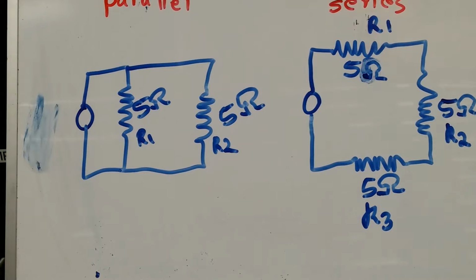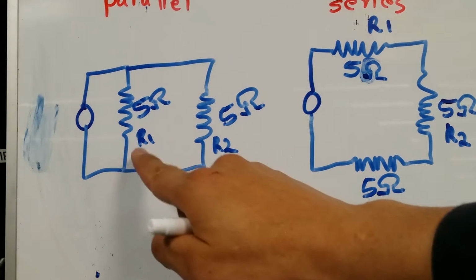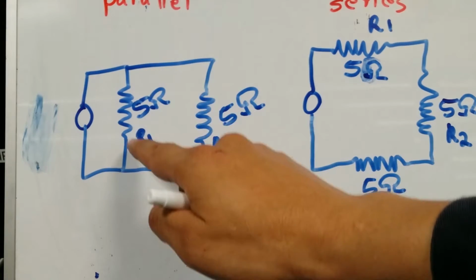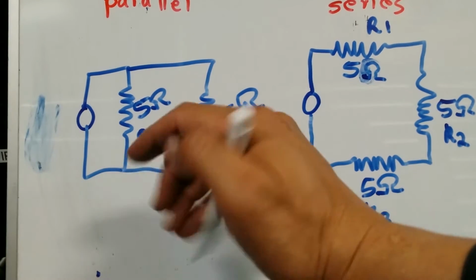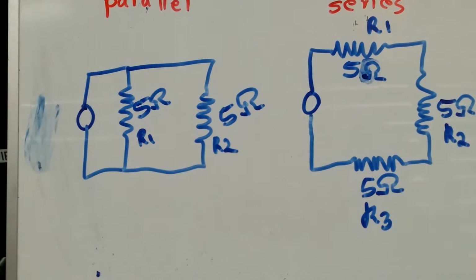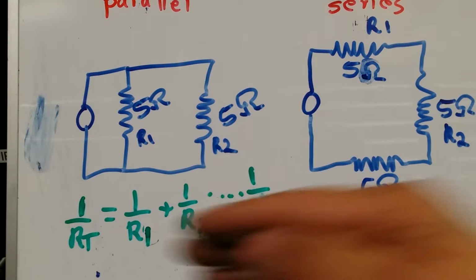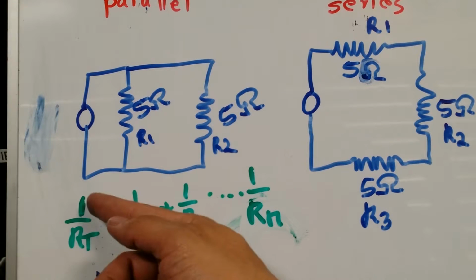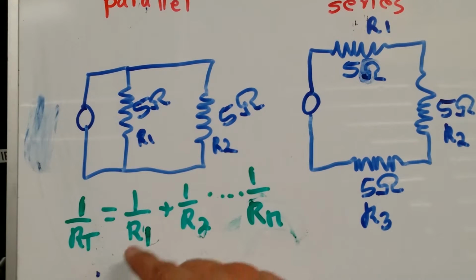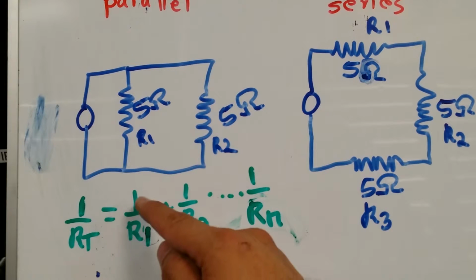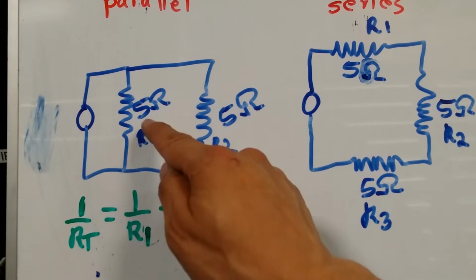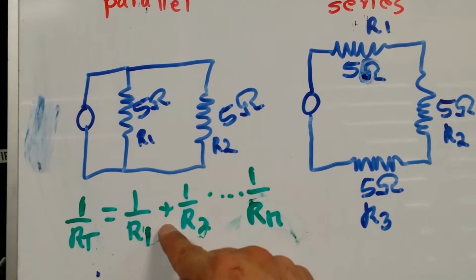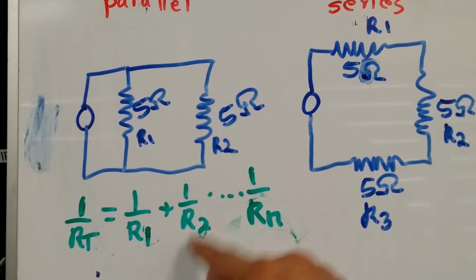So this is a quick review, so I'm not going to spend too much time on this. For parallel, we use a formula to add these two resistances. The total resistance is given by 1 divided by total resistance equals 1 divided by resistance 1, which in this case would be 5, plus 1 divided by resistance number 2.